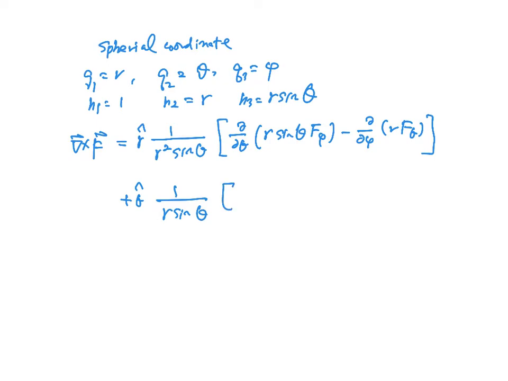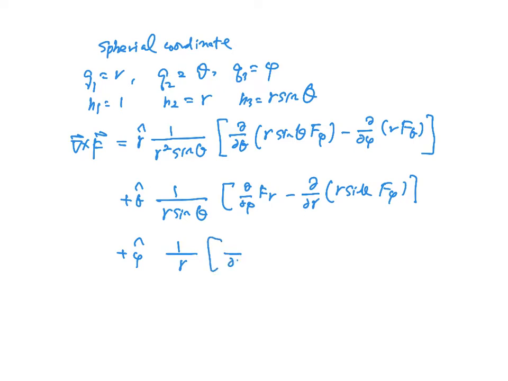So theta phi, partial F R minus partial R sine theta F phi, plus phi 1, 2. So 1 is 1, 2 is R, so 1 over R. Partial R F theta minus partial theta partial F R.